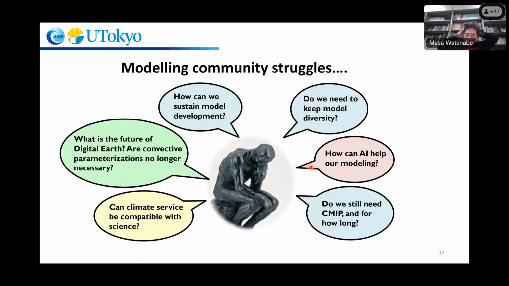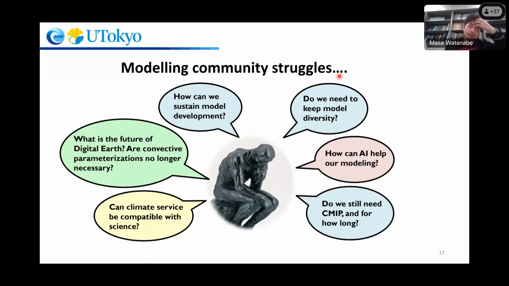Okay, and finally, this is the closing slide. The climate modeling community has probably never found it easy to achieve good model results, due to both practical and conceptual problems.